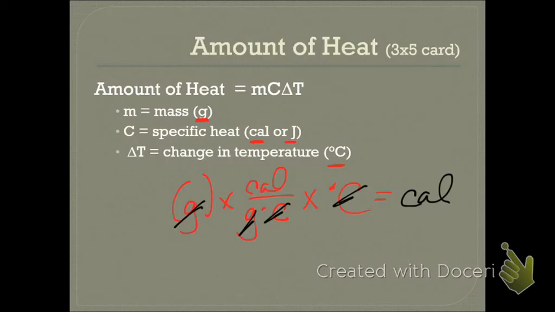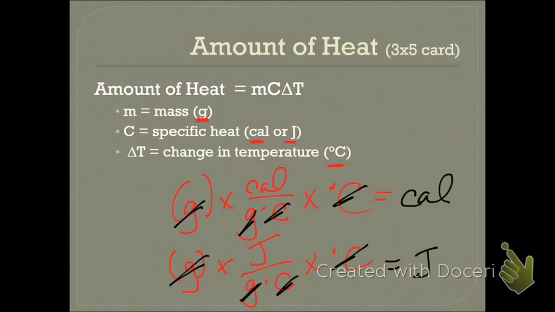If I'm talking joules, then that's grams times joules per gram degree Celsius times degrees Celsius. And in that case, grams cancels out, degrees Celsius cancels out, and you're left with joules. It works either way.